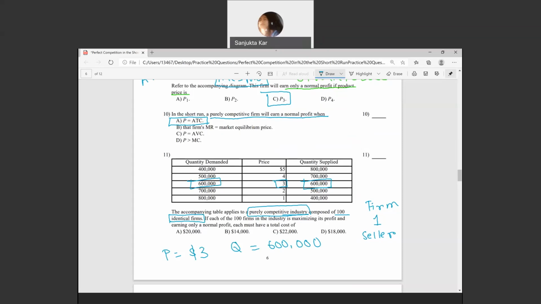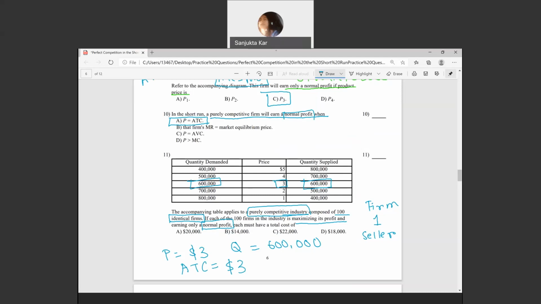Industry is maximizing profit and earning only a normal profit. Normal profit is something which we learned from here. Normal profit is when price is equal to average total cost. So the average total cost will also be equal to $3.